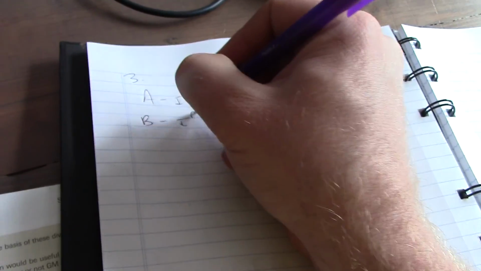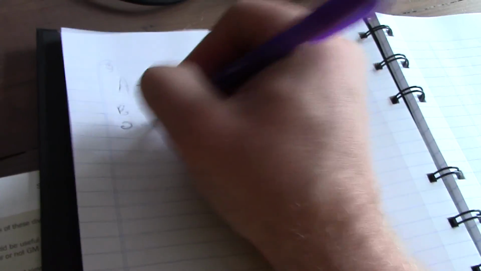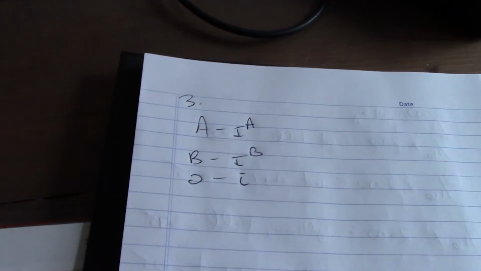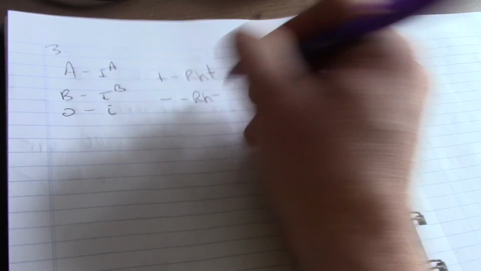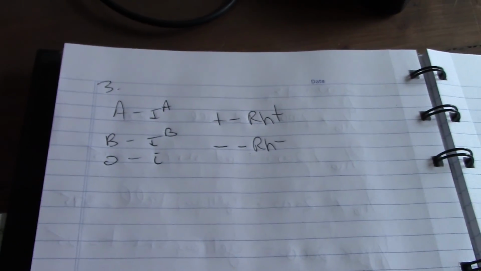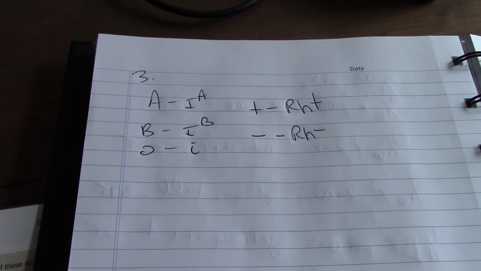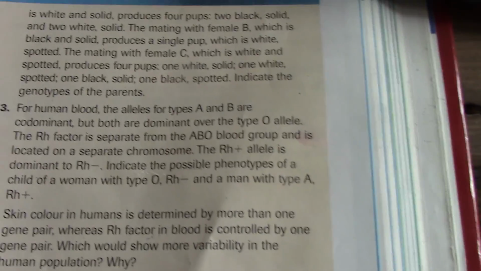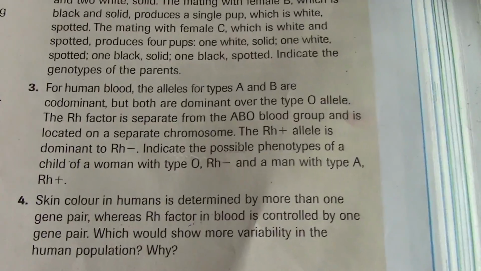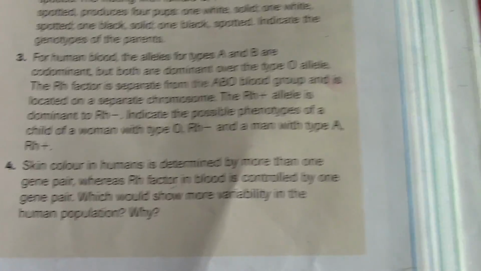Okay, so A is I^A, B is I^B, and O is little i. Plus is rhesus factor and negative is Rh negative. So I can just put plus and negative, I don't need to put Rh plus, Rh negative. So this acts just like a dihybrid cross, but the alleles look a little bit different.